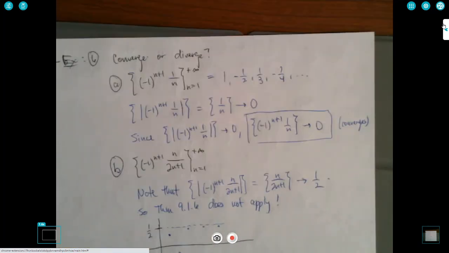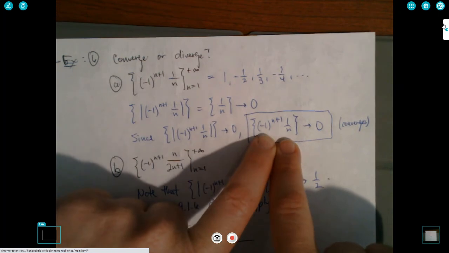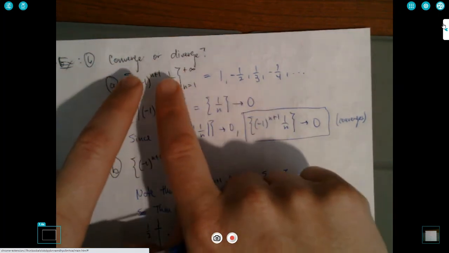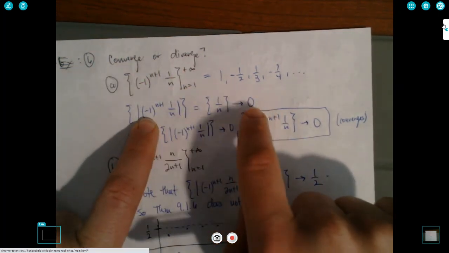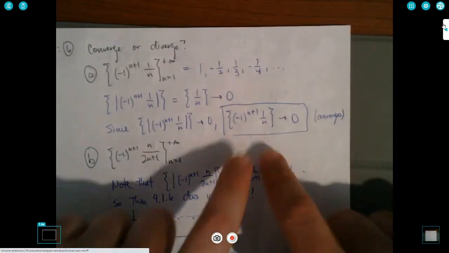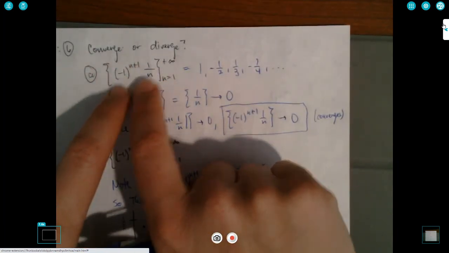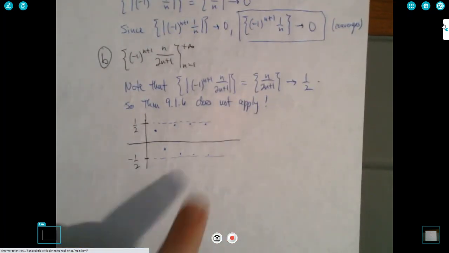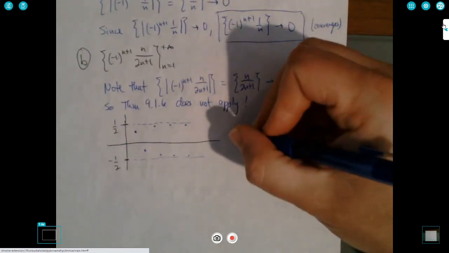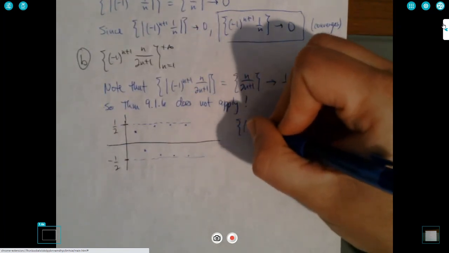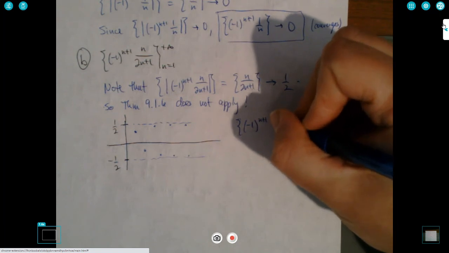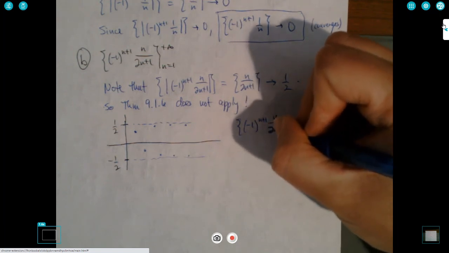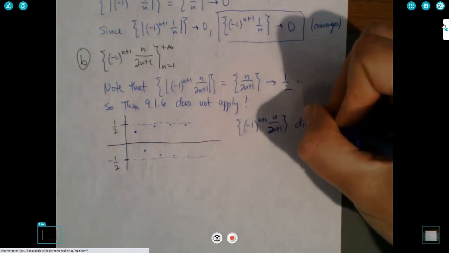That's why, in order for the original thing to converge at all, the absolute value of the thing has to converge to 0. Anyway, so this thing diverges.